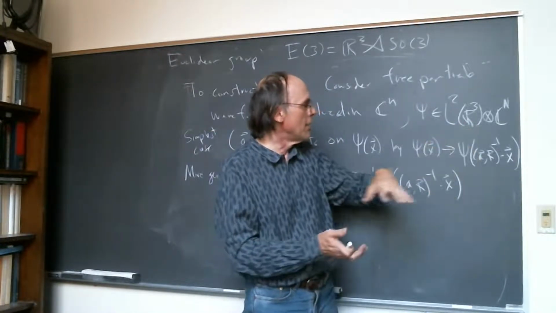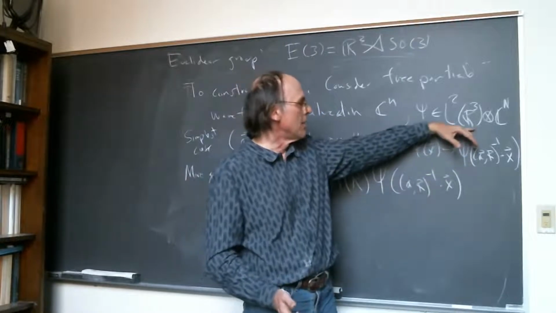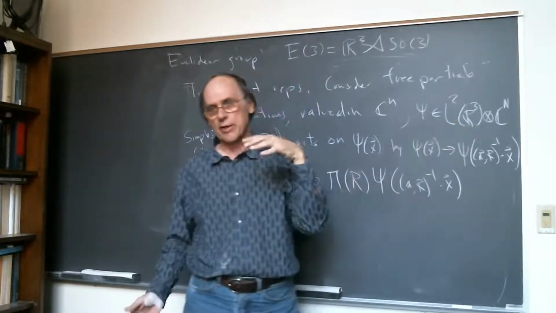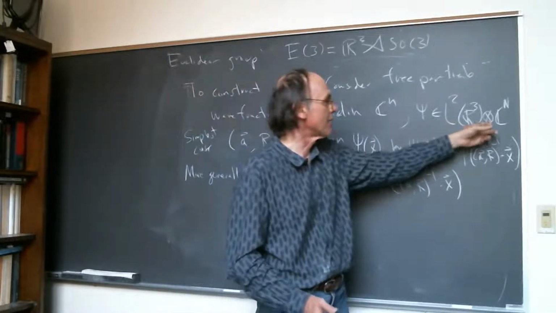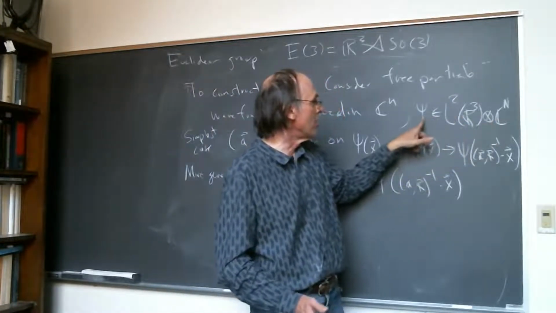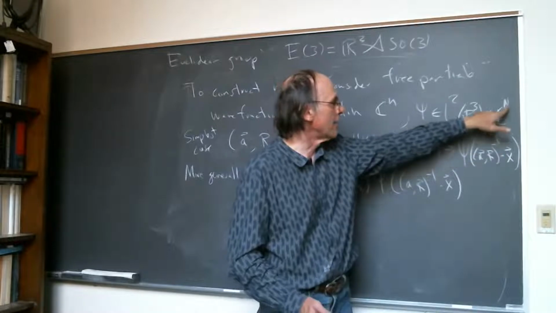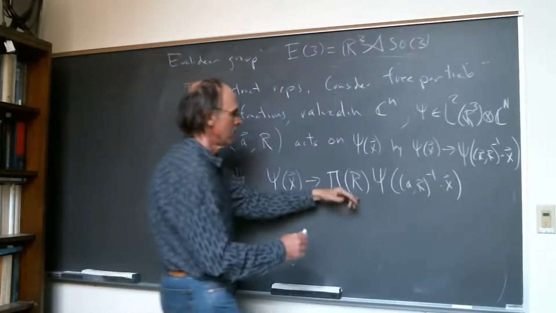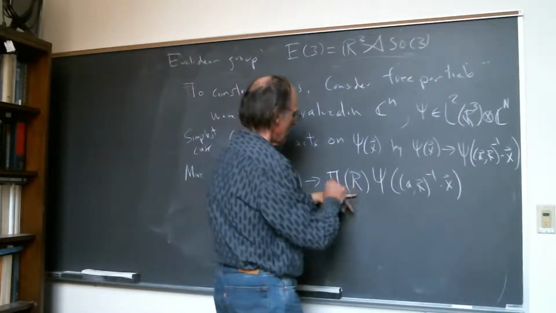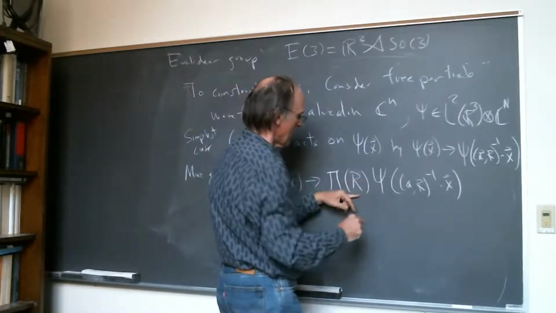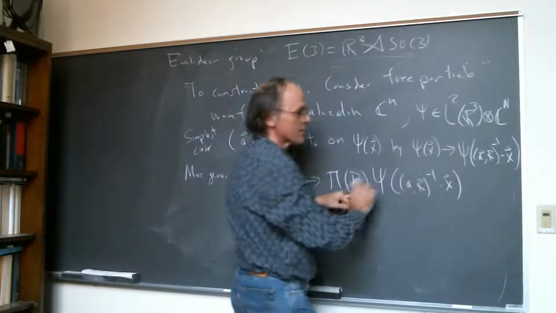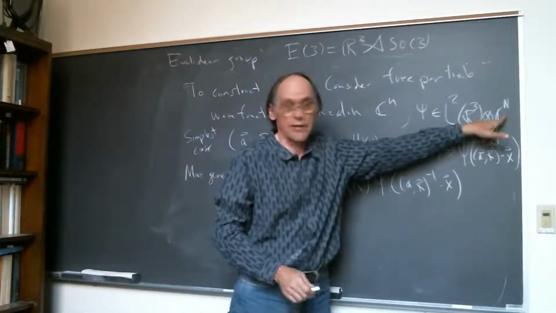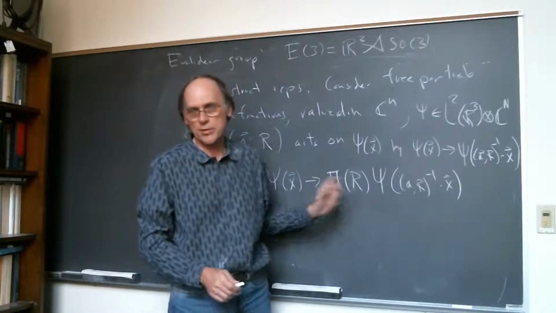But if you want anything more than these simple helicity zero representations, if you want higher helicity representations, you have to take wave functions that have n components, and you use an n-dimensional representation of SO3 on those and also use that.